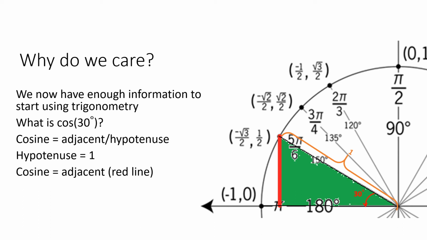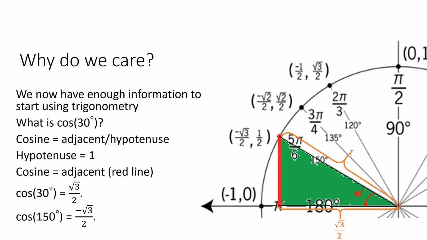And the length of that side is actually just the x value of this point. Normally the cosine of 30 degrees would be square root of 3 over 2, but since we're on the negative x-axis, the cosine of 150 degrees would be the negative square root of 3 over 2.